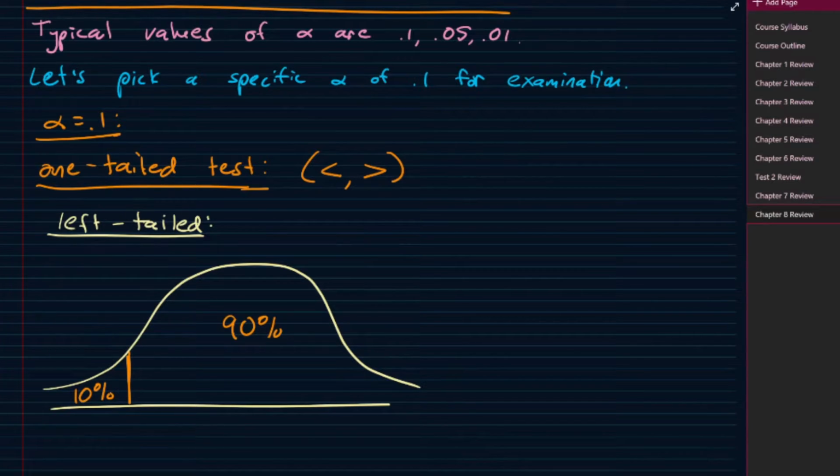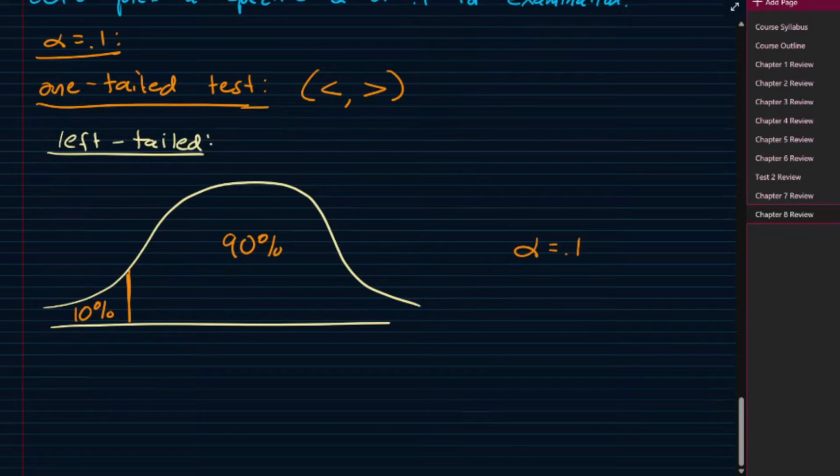Again, this is when alpha is 0.1, aka 10%. It represents the area of our critical range. Remember, the area under this curve is 1 or 100%, because it represents all of the data values. So for a left-tailed test, it would look like this, and this would be our critical value. And this would be our critical range.